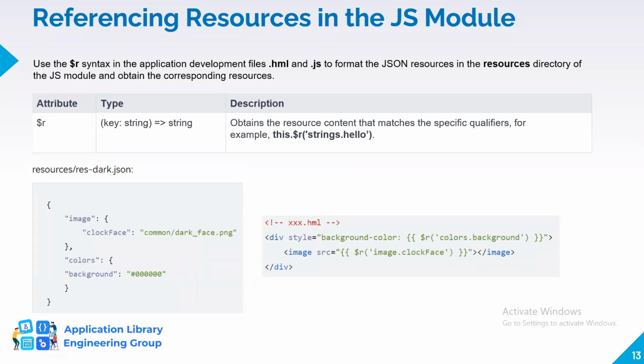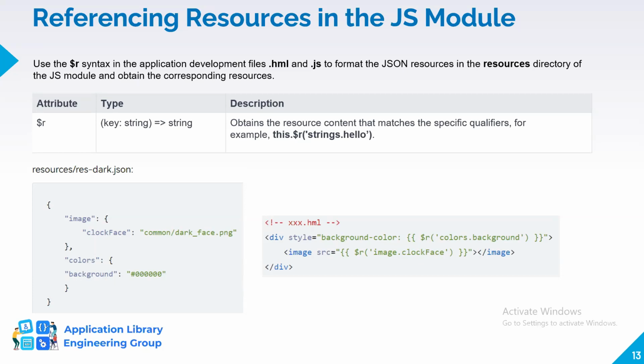You can also define resource files based on screen orientation. If you want some specific things to happen when the device is in portrait mode, then you can define resource-vertical.json. Then based on device type, for example phone, tablet, wearables.